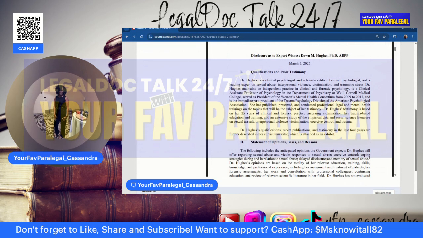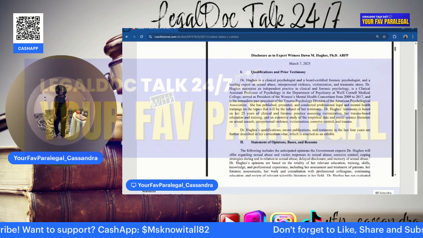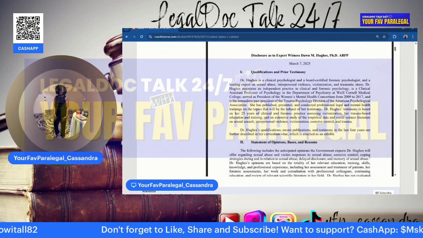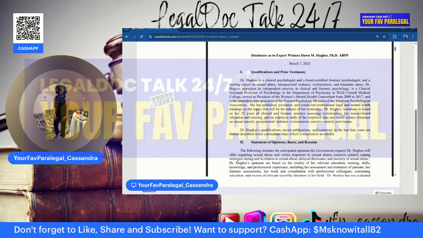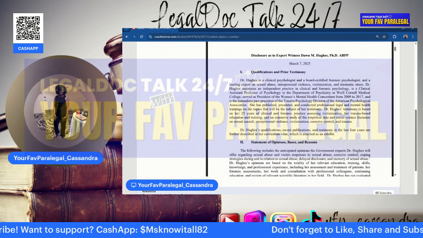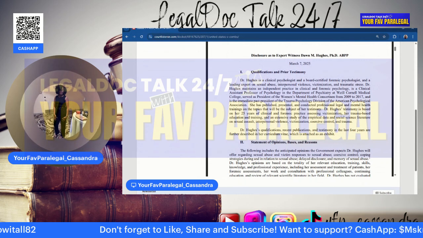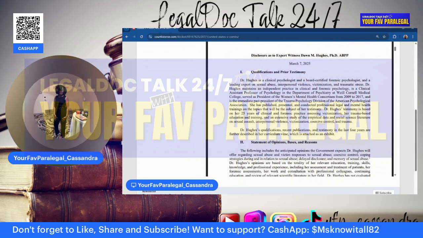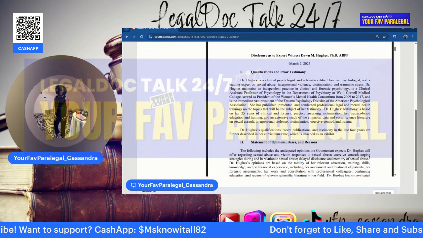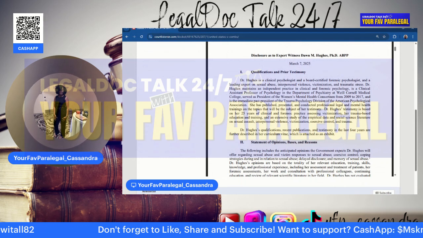Dr. Hughes maintains an independent practice in clinical and forensic psychology, is a clinical assistant professor of psychology in the Department of Psychiatry at Weill Cornell Medical College, served as the president of the Women's Mental Health Consortium from 2009 to 2017, and is the immediate past president of the Trauma Psychology Division of the American Psychological Association.